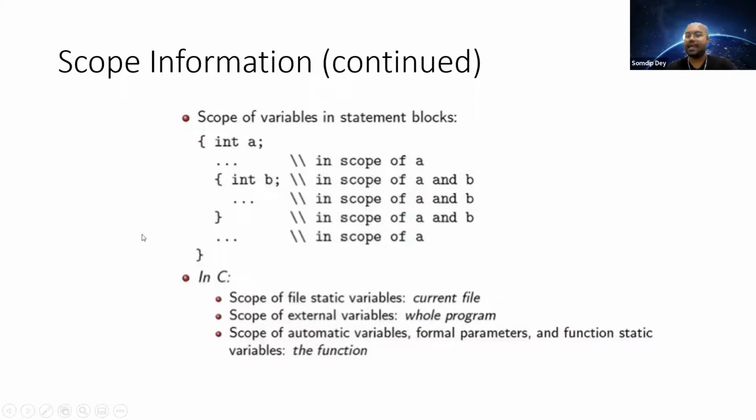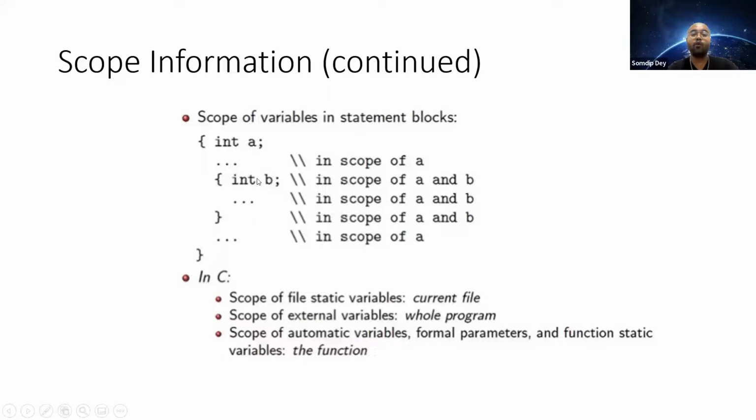So let's take an example here, right? You have a C program, which might have lines of code, something like you have an open bracket, int a, you're initializing the variable a. Then you might have a few more statements in between, and then you're opening a bracket again, and you're initializing a variable b.